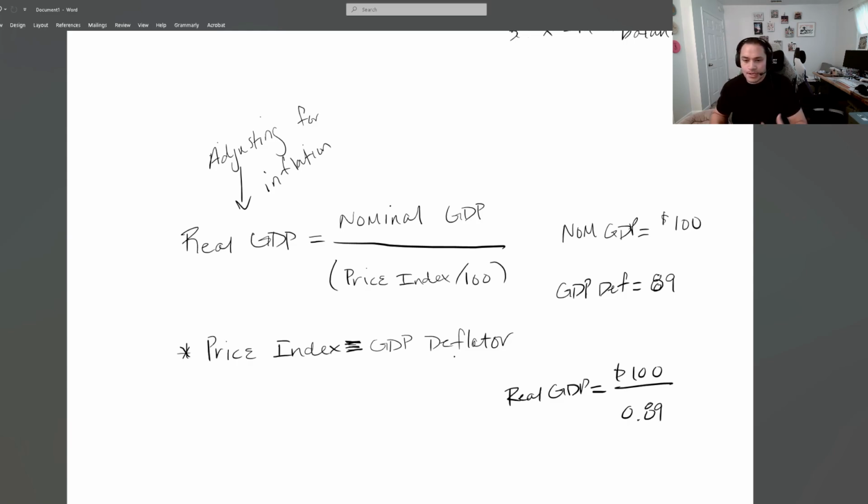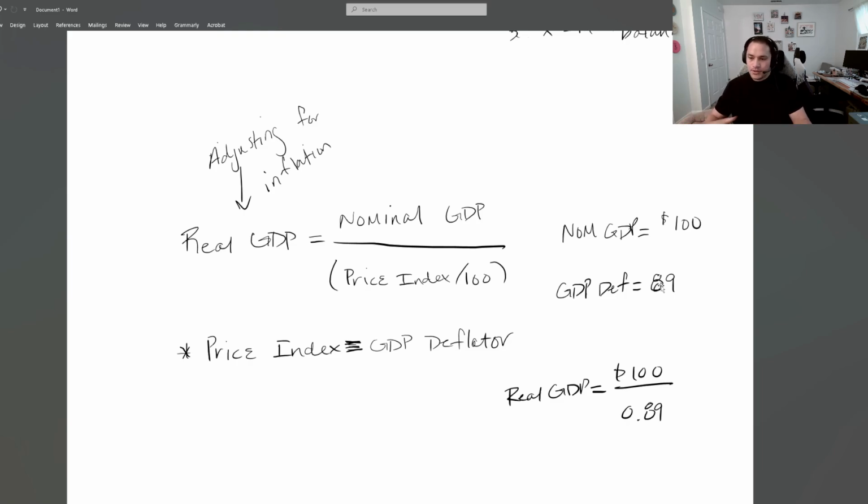This will give you a good sense of what the relative price level is doing. If your GDP deflator is something like this example here, 89, then that means that the price level that you're utilizing is lower than your base year's price level. If it's higher, then that means that the price level is greater than your base year's price level.